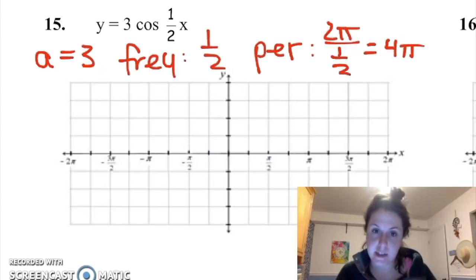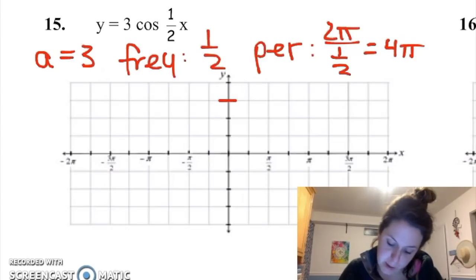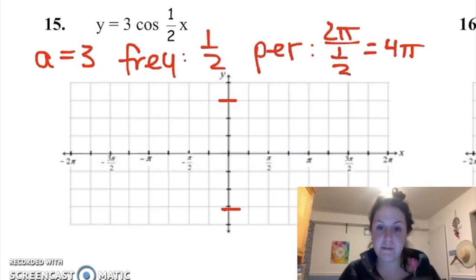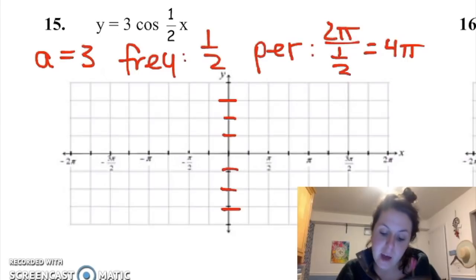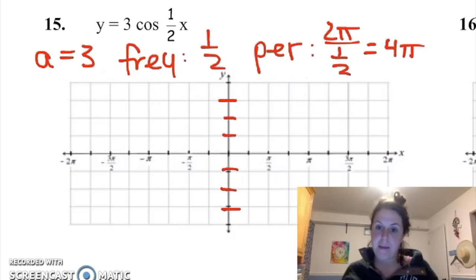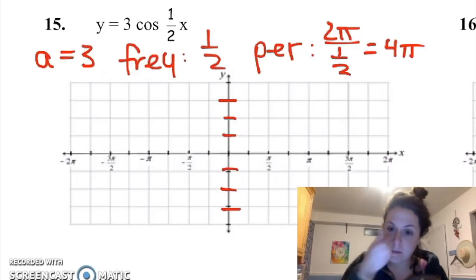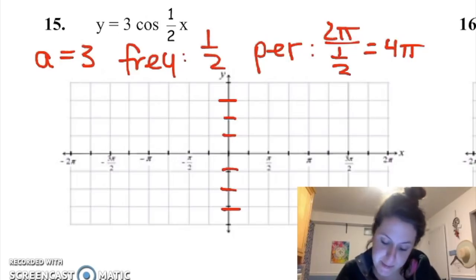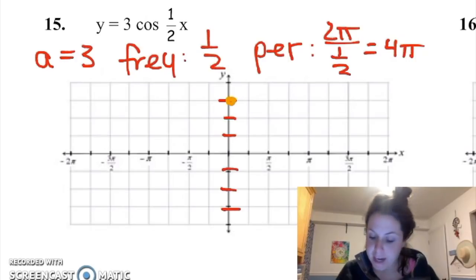So again, it's going to start at 0. The amplitude will go up 3, down 3, right? So you've got those points to contend with. Now you know that it's only going to do 1/2 a curve from 0 to 2 pi. So this is cosine. Its y-intercept should be at its maximum. And when I get to 2 pi, that should be at its minimum.